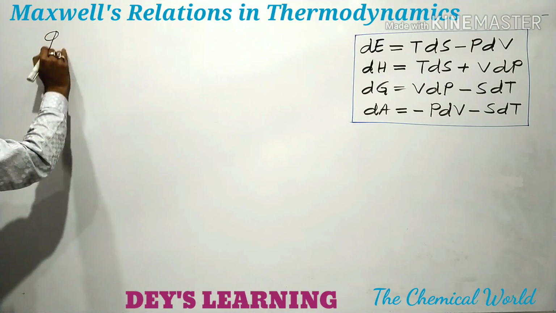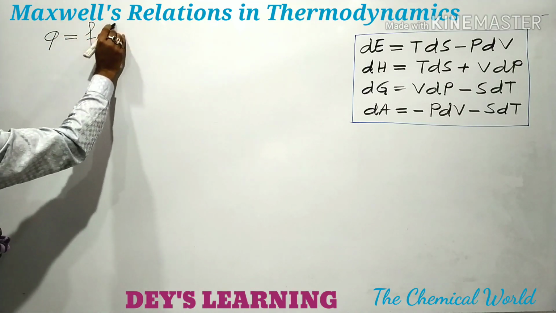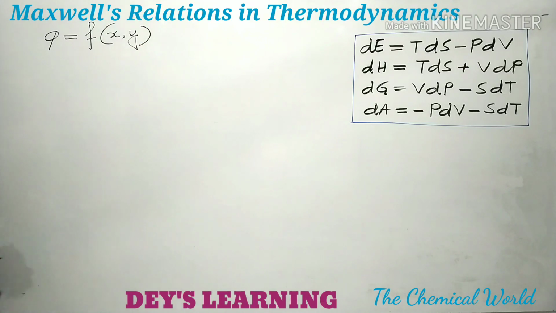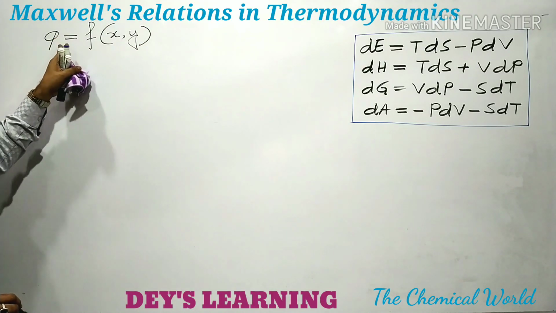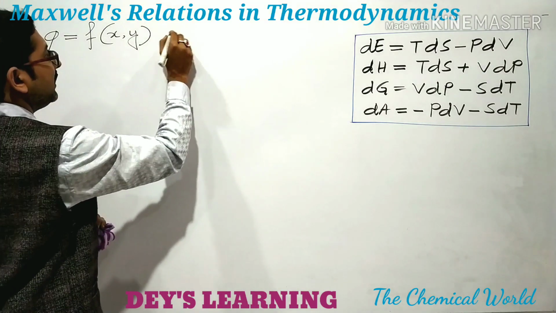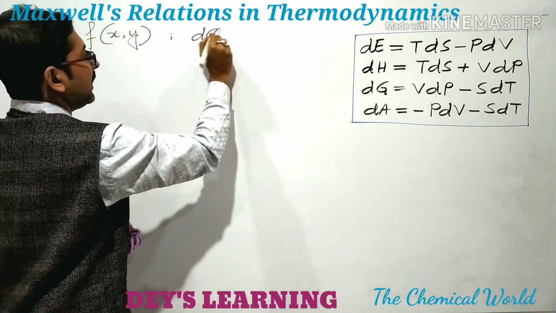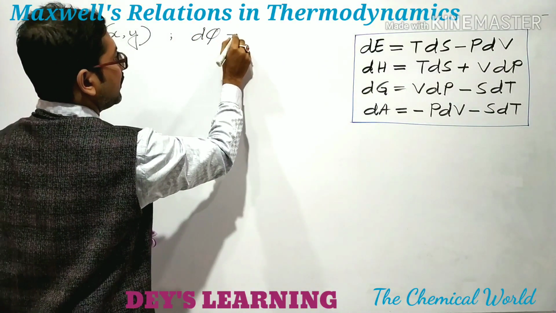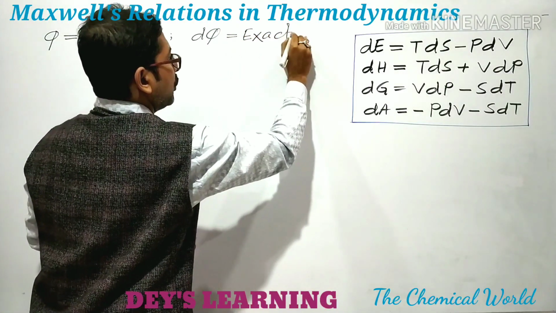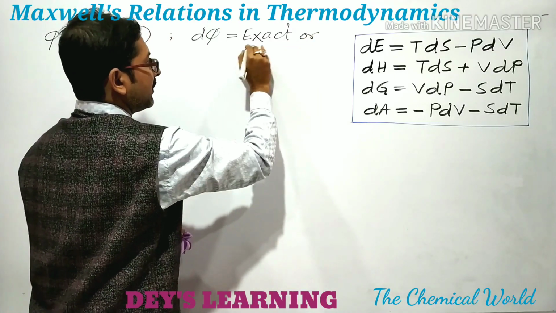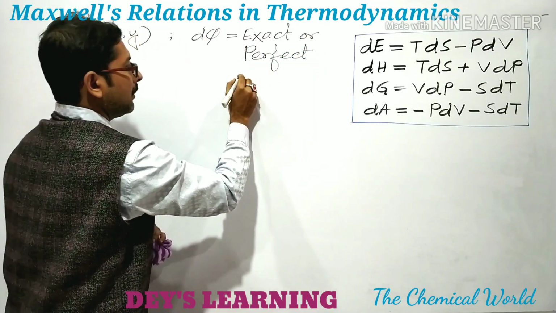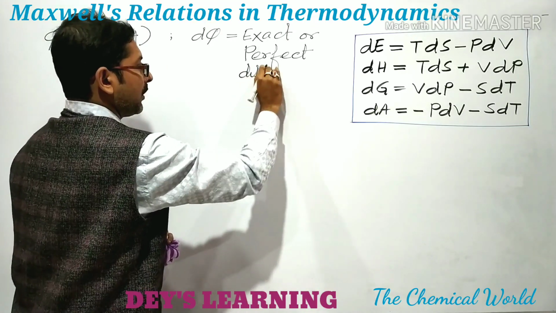If phi equal to function of x and y, and if phi is a state function, then d phi will be an exact or perfect differential.